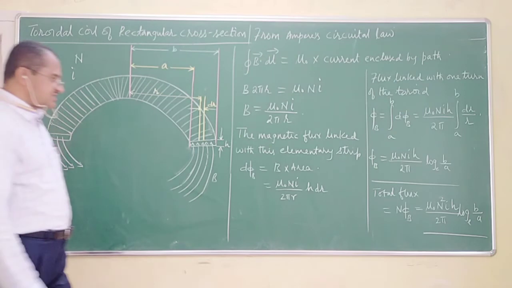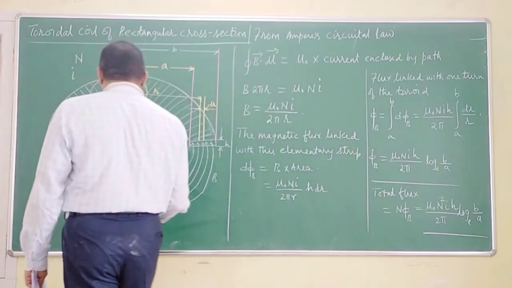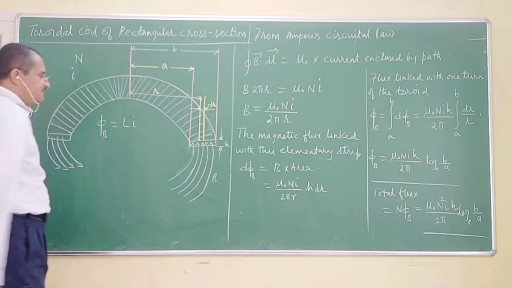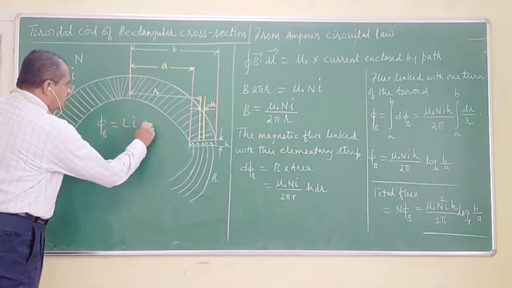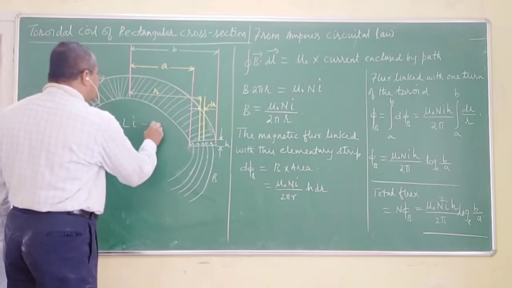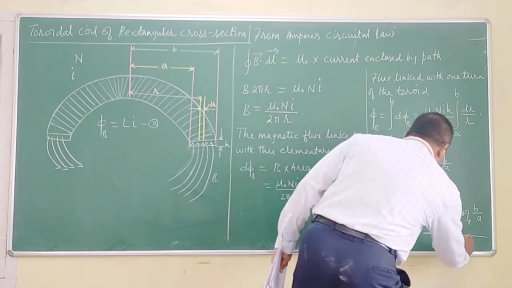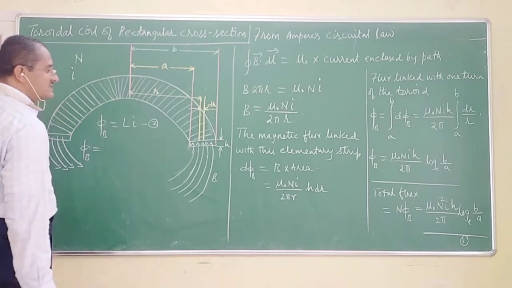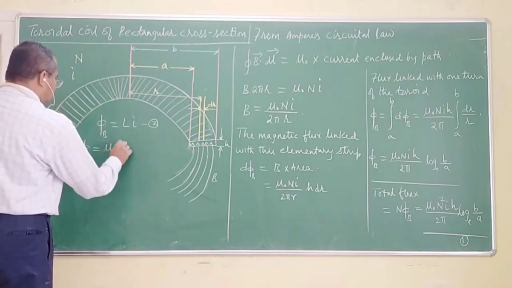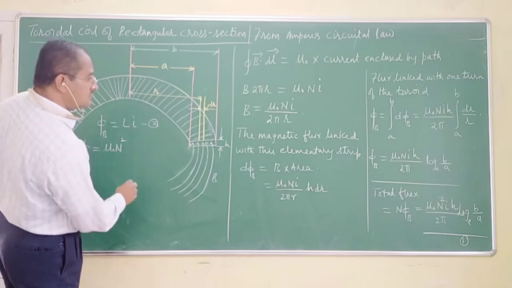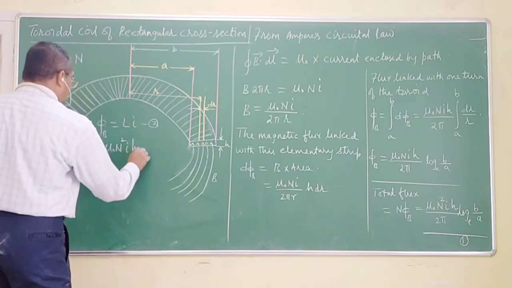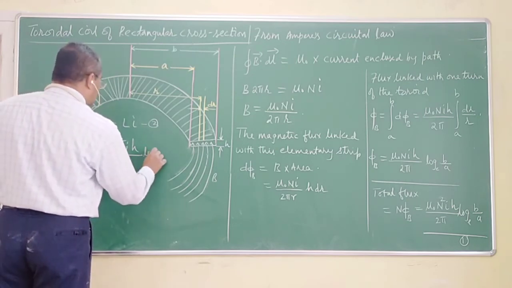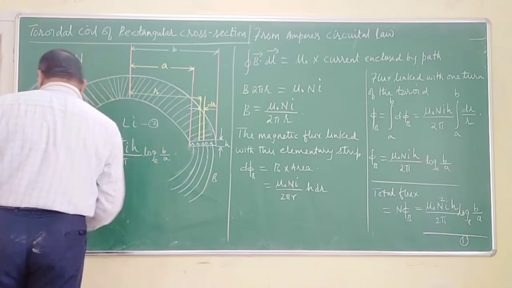Once I have got total flux, flux can also be written as L into I. Let me call this equation 2, and let me call the other equation 1. I will write equation 1 here: phi B is equal to mu naught N square I h upon 2 pi into log to the base e b by a.